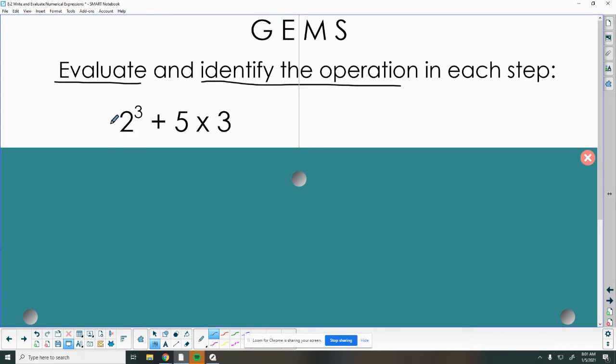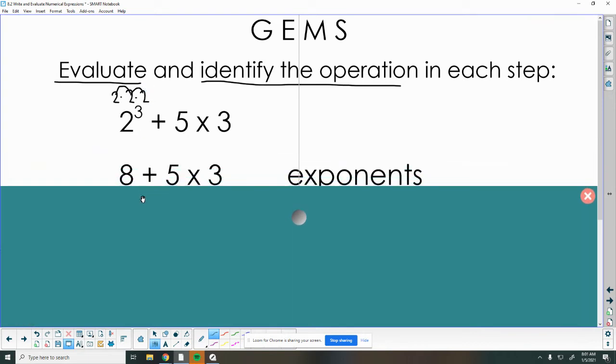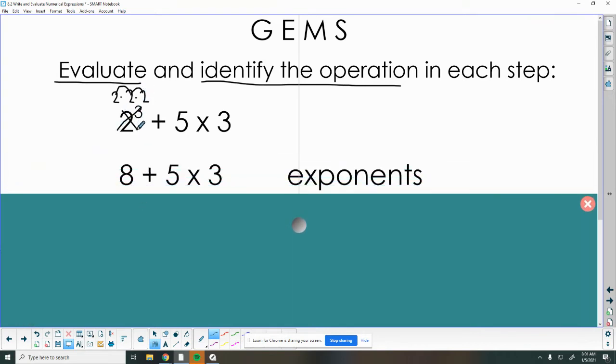So we do have an exponent here. I always like to write it out so I make sure I get all of them. 2 times 2 times 2. So 2 times 2 is 4, times 2 is 8. So I'm done with this. So it equaled 8, and I bring everything else down.